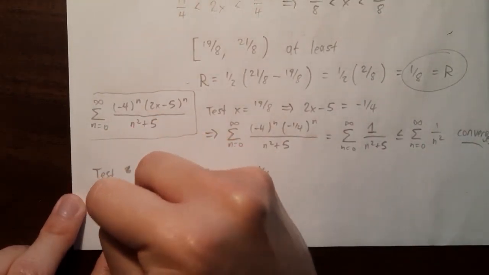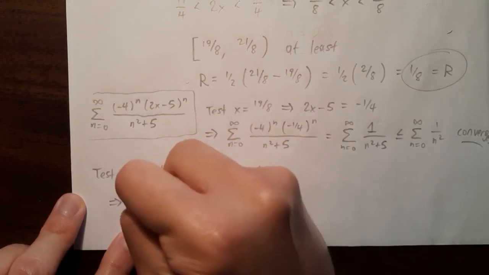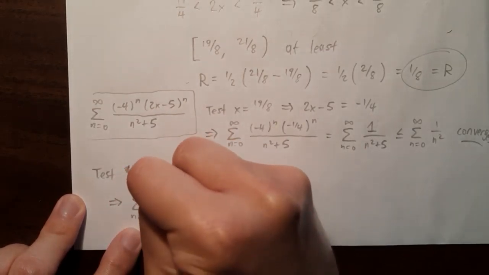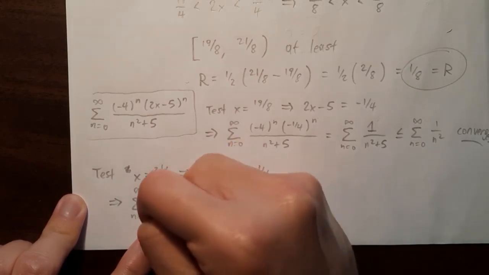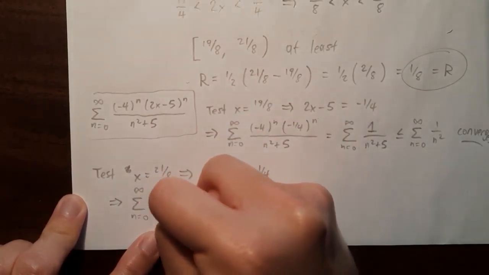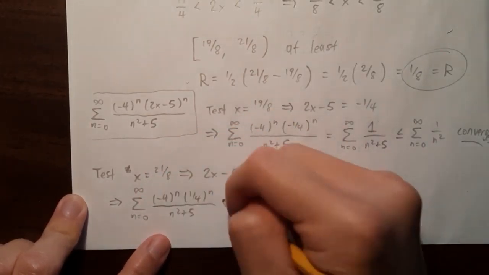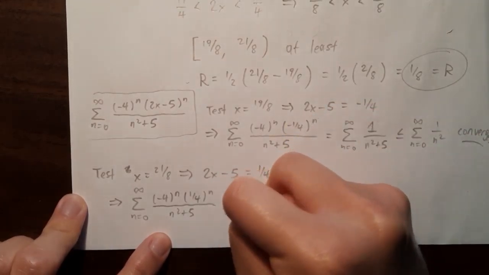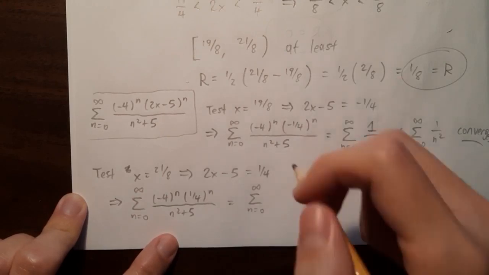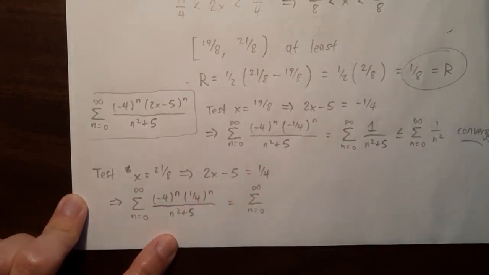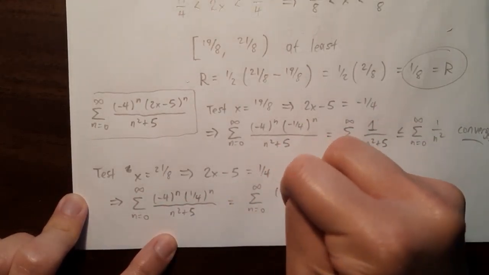So my series is going to become the sum of negative 4 to the n times a positive 1/4 to the power n over n squared plus 5. So again, I'll do the same trick of merging the two bases because the exponents are the same, n in both cases. So negative 4 times a fourth, that is just going to be negative 1 to the n.